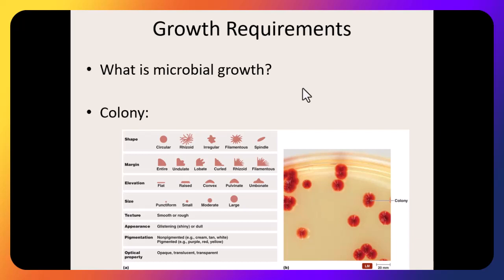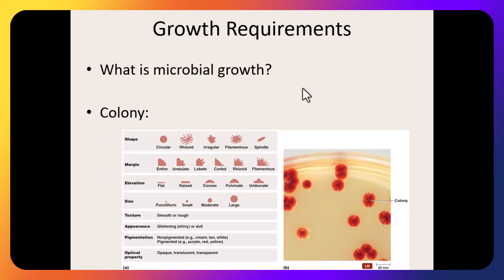And that 1 bacteria became 1 million bacteria, 1 billion bacteria, and it's now visual. We can actually see the bacteria cells because there are so many of them. Not because the cell grew, it's just that there are so many of them, they're now visual. So it's a spot on a plate where 1 bacteria landed, and it multiplied.